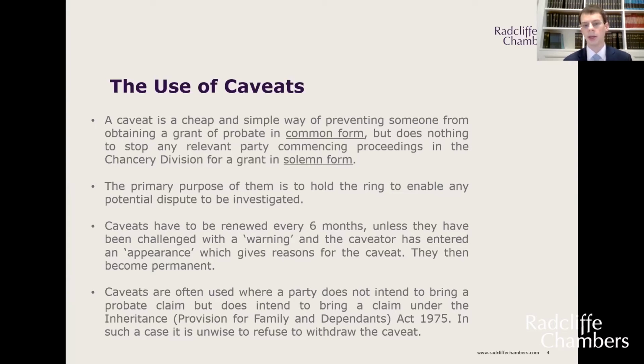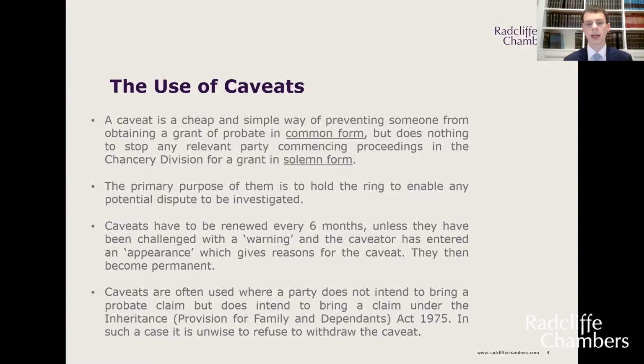The main purpose of them is to prevent the grant being obtained quickly and easily, and to preserve the situation with no grant being made while the merits of any potential dispute are being investigated, because that can take time. You need to look into medical records if there's a testamentary capacity dispute.